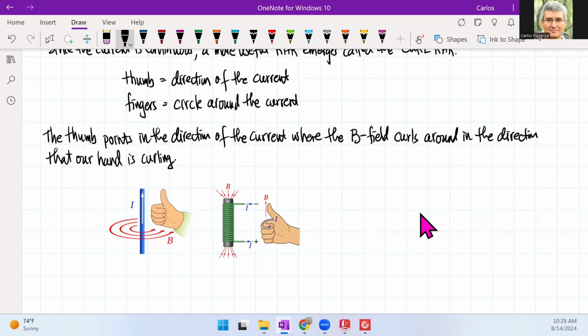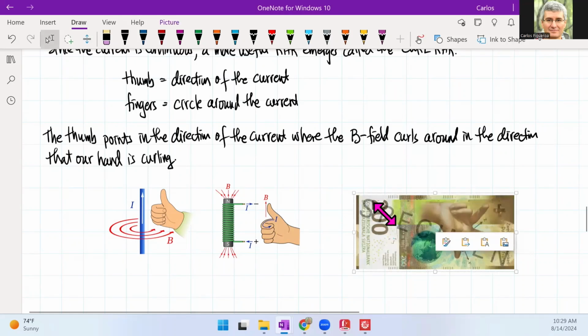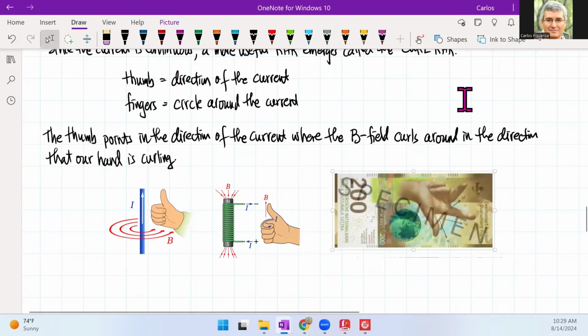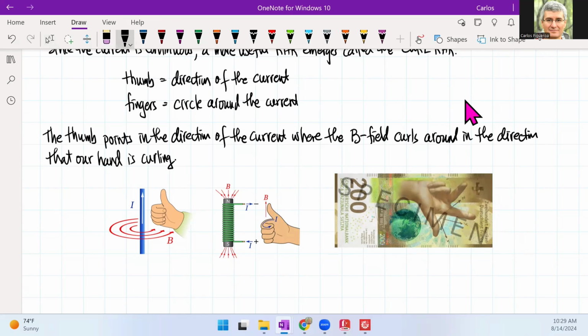But they're really one and the same. Or you could take your hand and put your thumb in the direction of the current, and you get the same direction there. One of the things also on Wikipedia, which I really enjoyed seeing, is that this right here is a Swiss 200 franc banknote. And look at that, it has the right-hand rule. How cool is that? Really awesome.